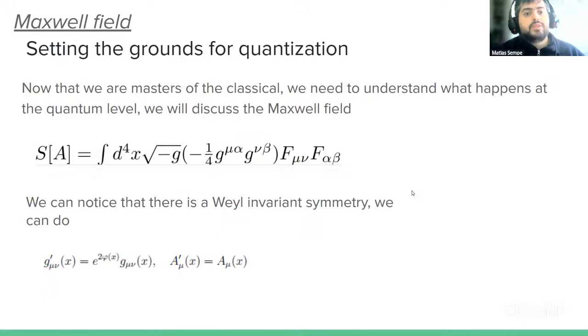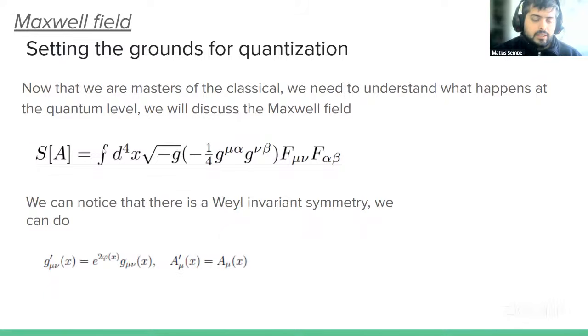So we can do the quantization now. So let's start. We will do the Maxwell field. In the Maxwell field, we start with the action that is here. At some point, maybe we can put it in the way of a Yang-Mills where the group is not abelian, but we will focus on the abelian case.